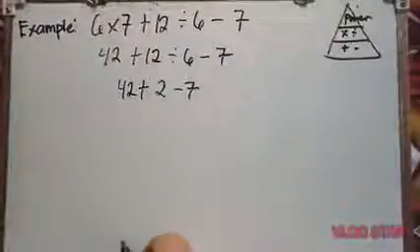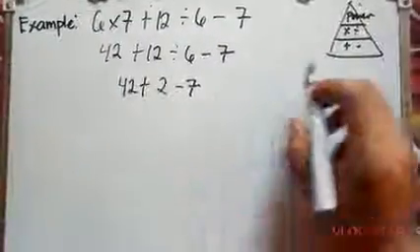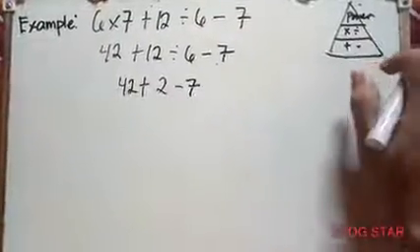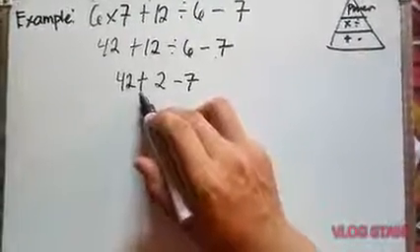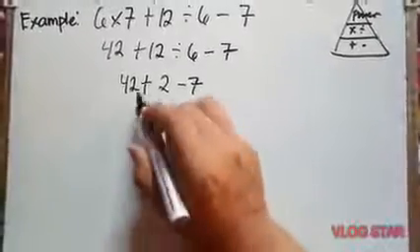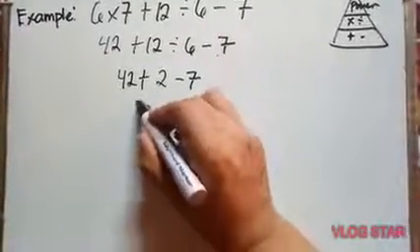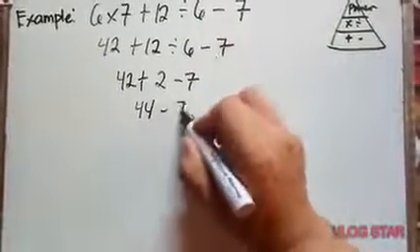So next step is to look at the operations again, addition and subtraction. Since they lie on the same level, we should add first, since addition is the first operation from left to right. So 42 plus 2, the answer is 44, minus 7.